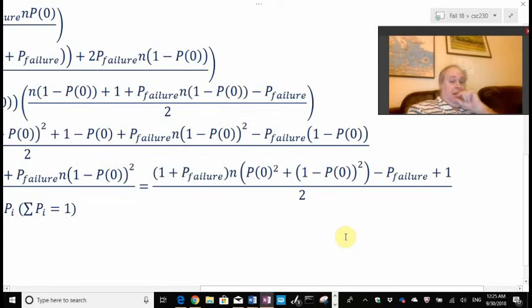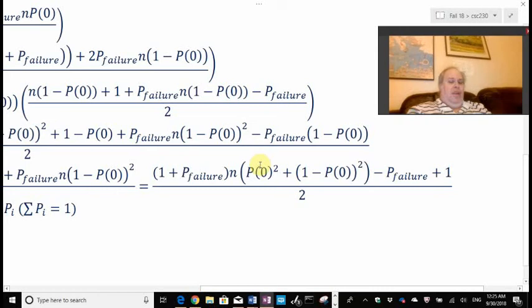Now remember P of failure goes from 0 to 1. If P of failure is 1, this becomes 1/2 of n.